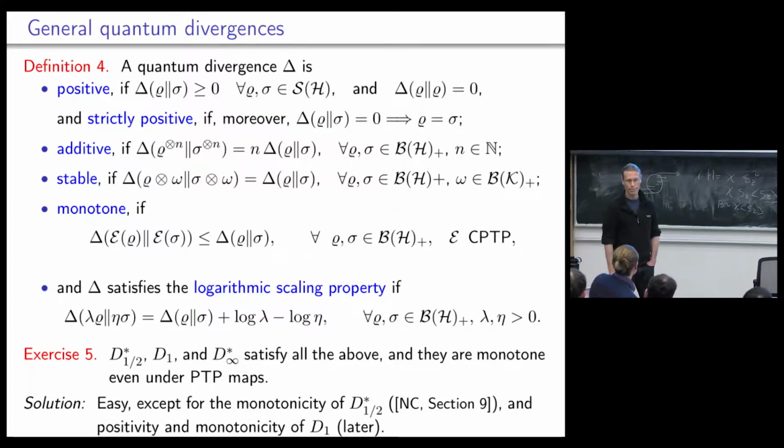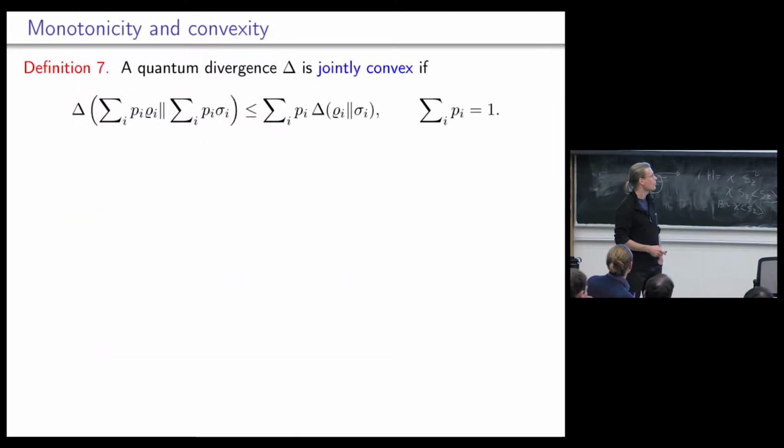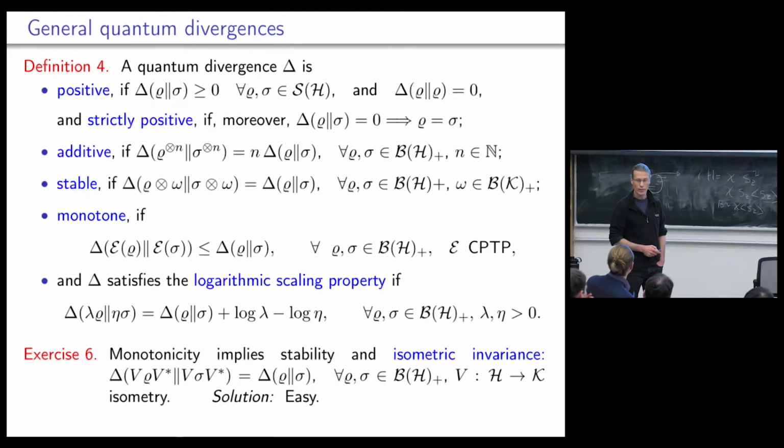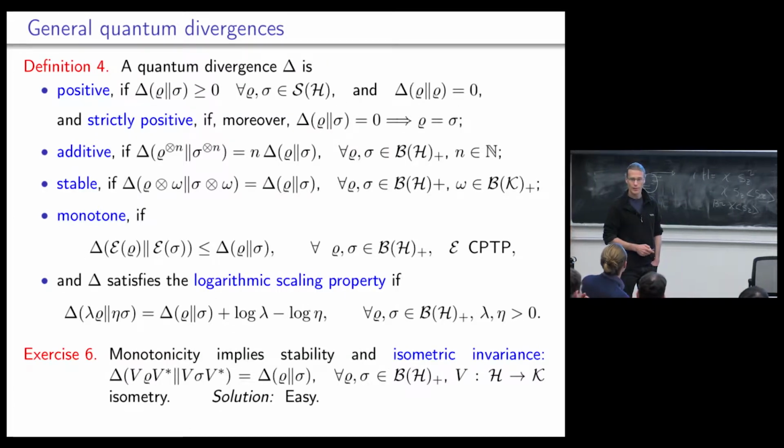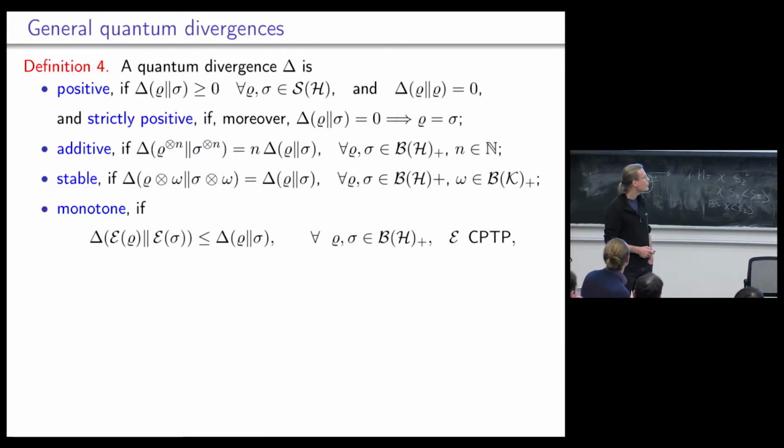Yeah? So in the definition of D infinity, there was some other norm. Can you just briefly define the norms that you're using? I'm not using any other norms. Can you maybe scroll back to this definition then? Which definition? You mean divergences? I think for max relative entropy, in the D infinity definition.